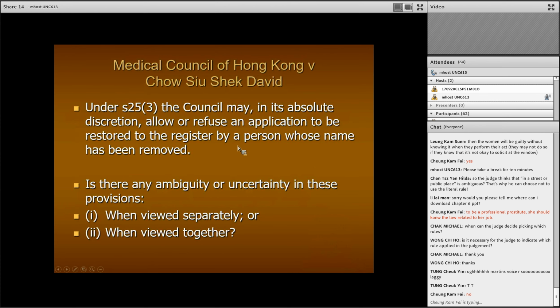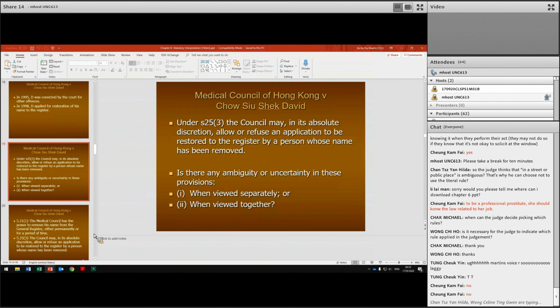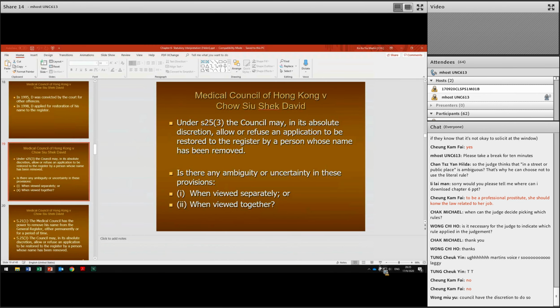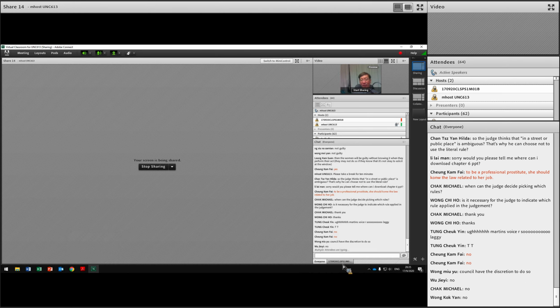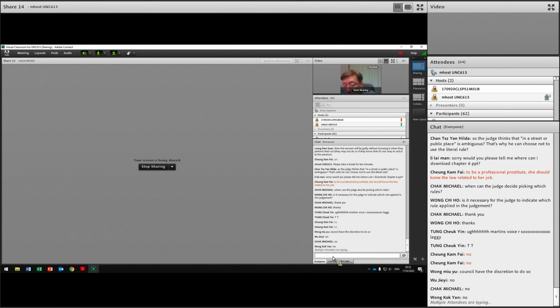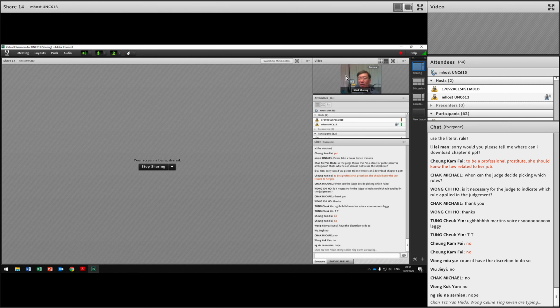How about section 25, subsection 3? If you just look at section 25, subsection 3, can you find anything wrong? You cannot find anything wrong.